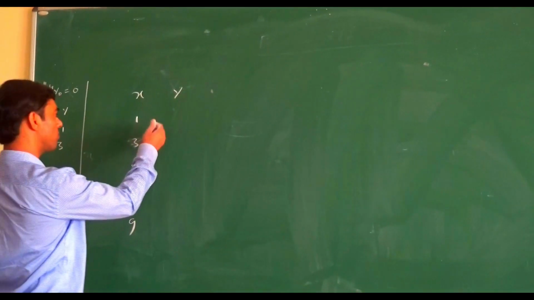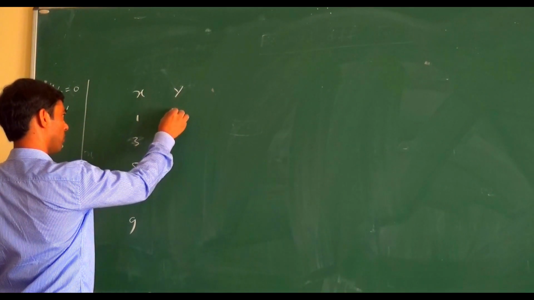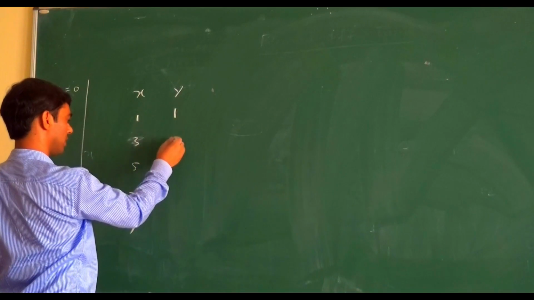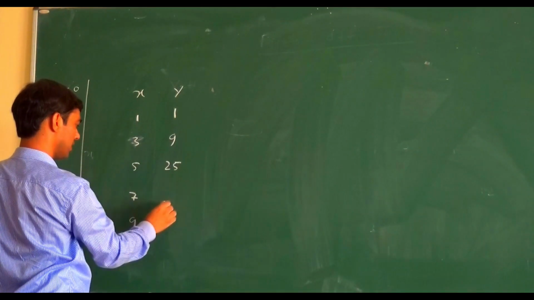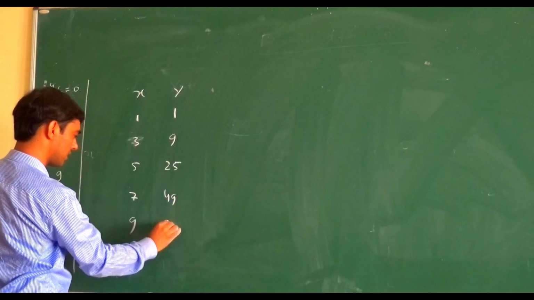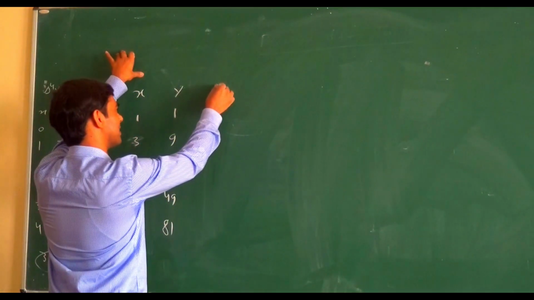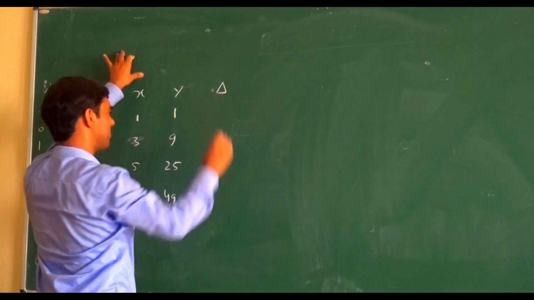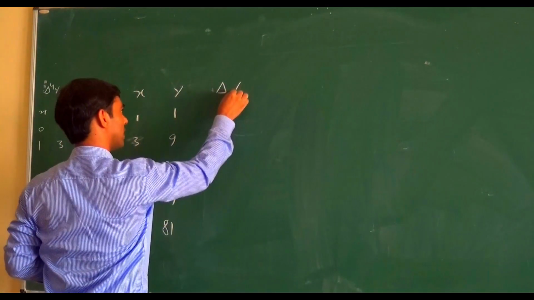Suppose the value for y is 1, this one is 9, this one is 25, this one is 49, and suppose this one is 81. So what is the first order difference? 9 minus 1 is 8, del y.